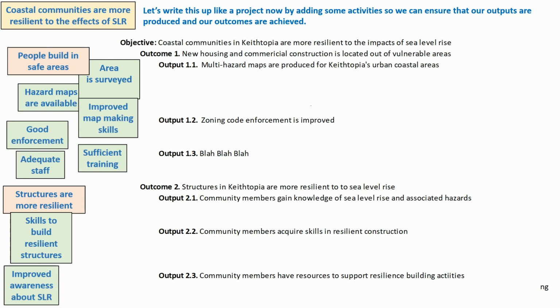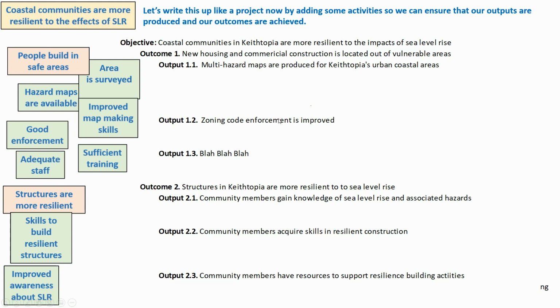It could be for landslides, for many, many different hazards, whatever we're experiencing. But we'll use multi-hazards because we want people to be resilient to all of the hazards. So that's one, and you can see that this is a product. Multi-hazard maps, very clearly a product, are produced.